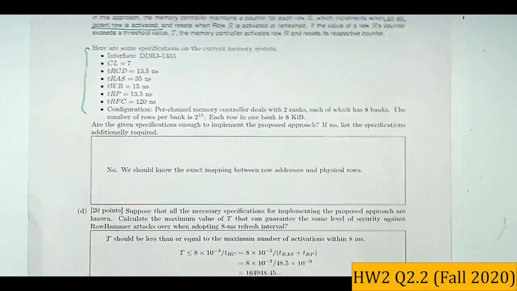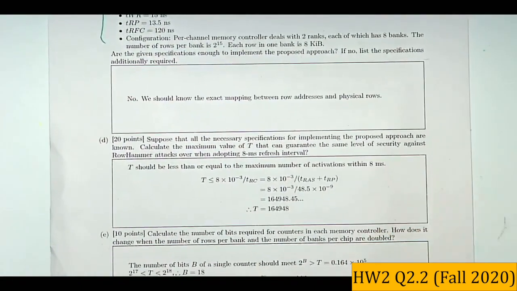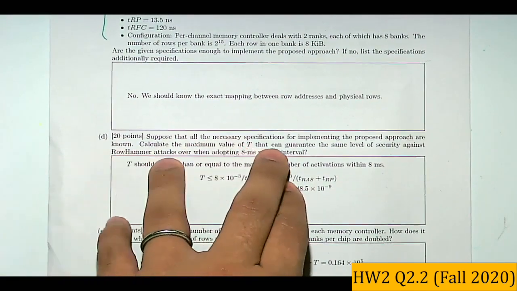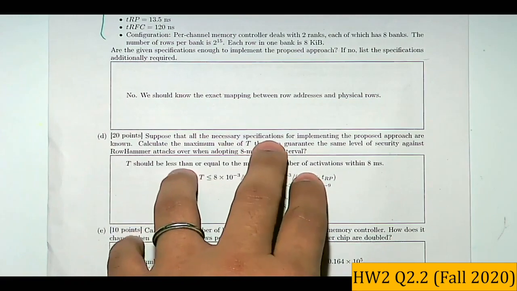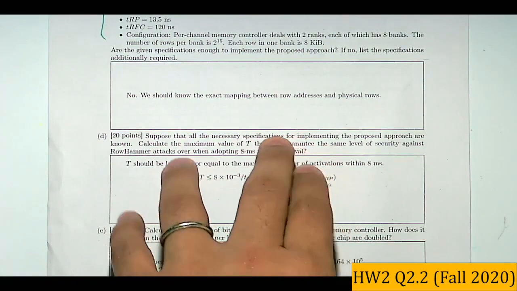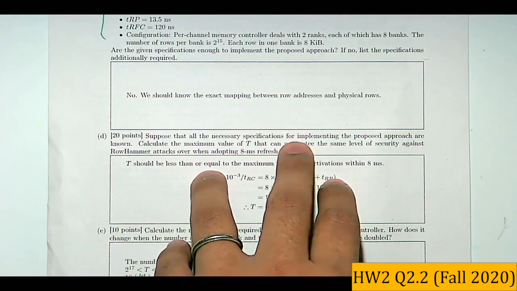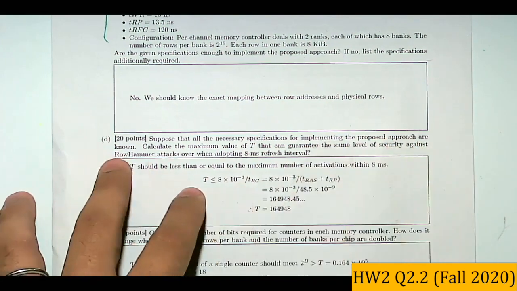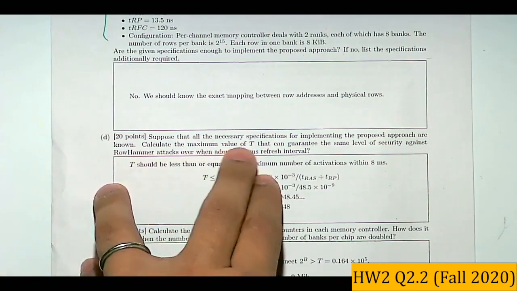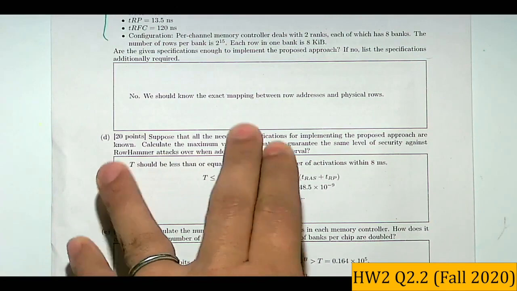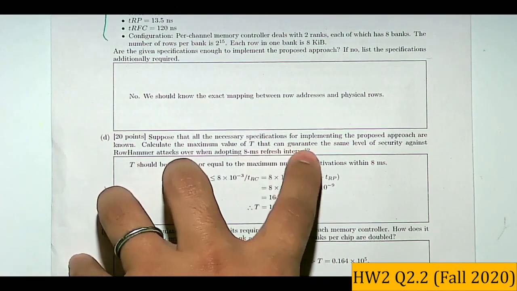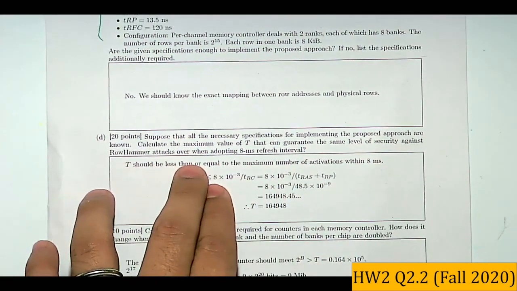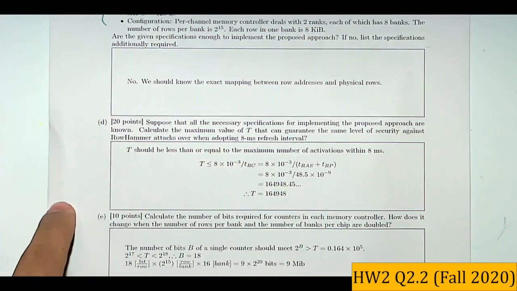Anyway, suppose that all the necessary specification, meaning the exact mapping between row addresses and physical rows, for implementing the proposed approach is known. Calculate the maximum value of T, the threshold value that can guarantee the same level of security against RowHammer attacks as when adopting 8 millisecond refresh intervals.